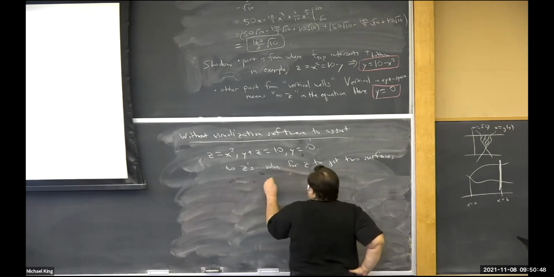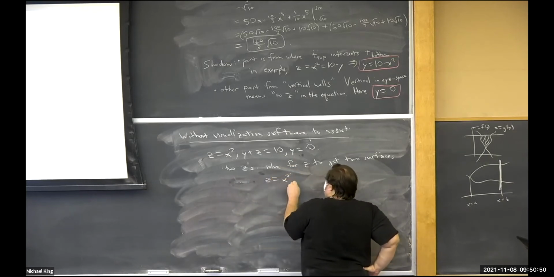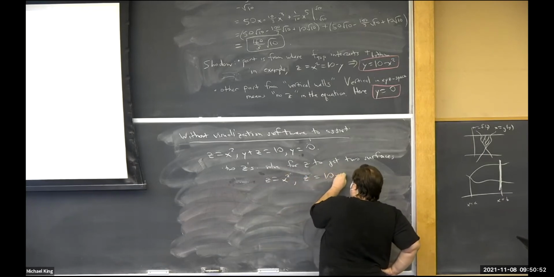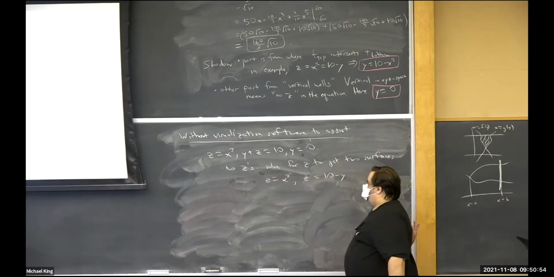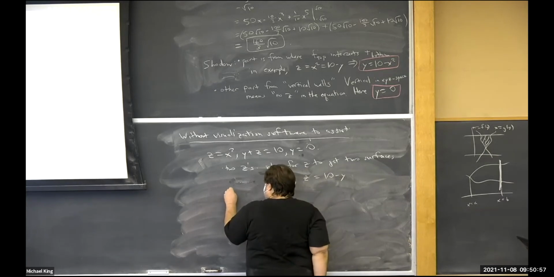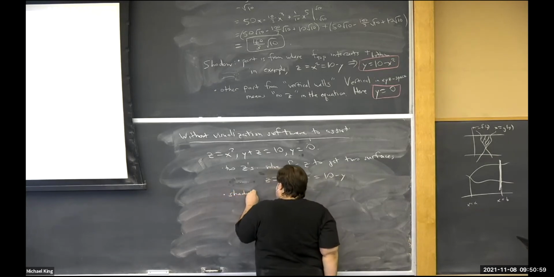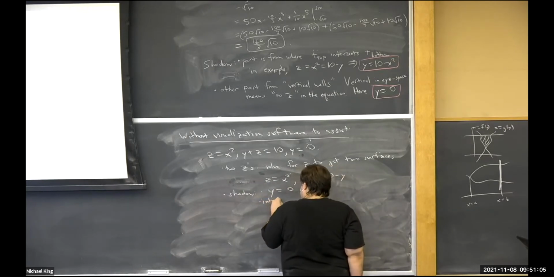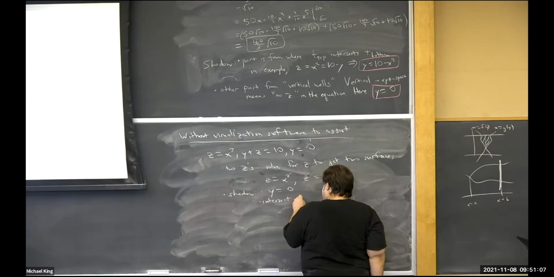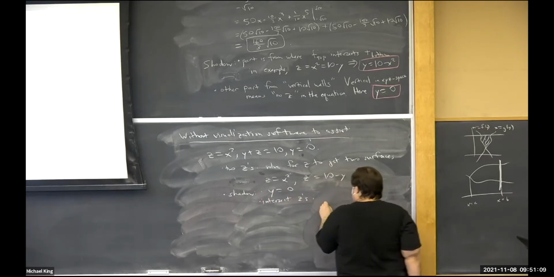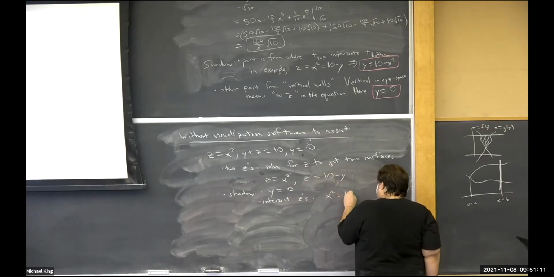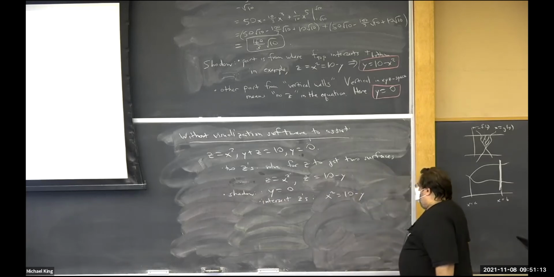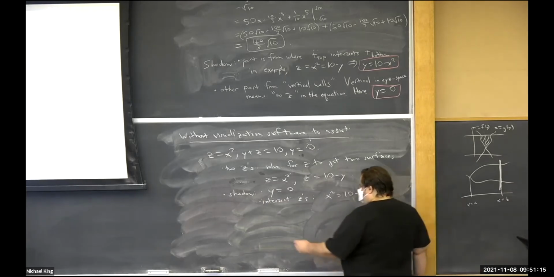So here we said Z equals X squared and Z equals 10 minus Y. The shadow, like we said, comes from the vertical walls, Y equals 0, and the intersection of the Z's. What we did was X squared equals 10 minus Y. At this point, you can draw the shadow.